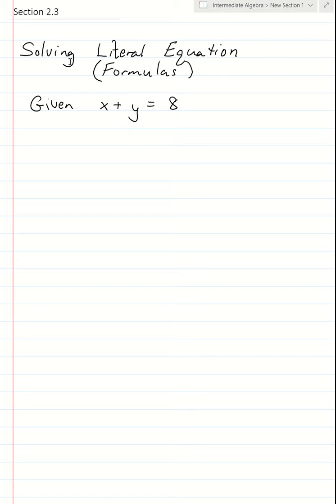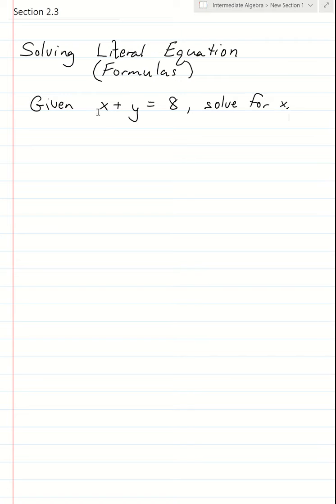Now, when you're asked to solve a literal equation, not only are you going to be given an equation, but you will be told which variable you're trying to get by itself. So, for example, given x plus y equals 8, I could tell you to solve for x.